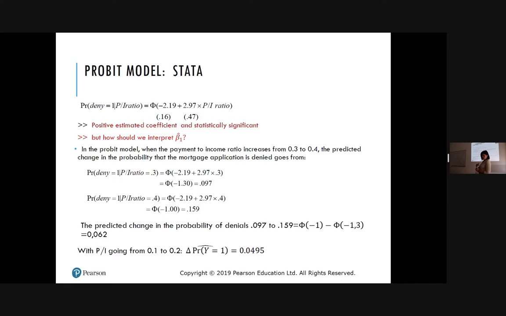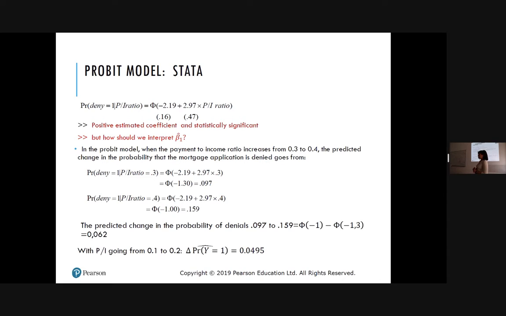And this also makes sense by intuition, because when I need to pay more relative to my income, the probability that I'm able to actually pay the loan is lower, and then the bank evaluates this as a bad sign, and then the probability of being denied is higher.